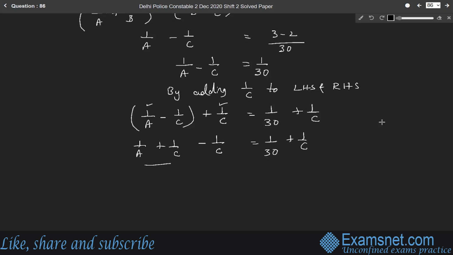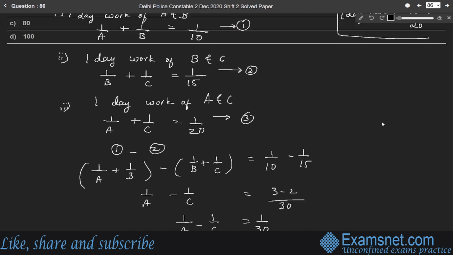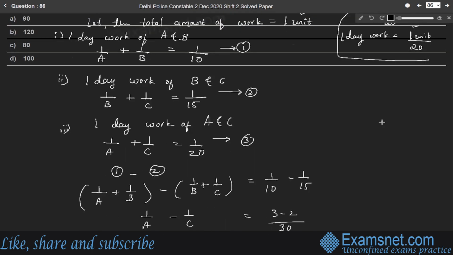What is 1 by A plus 1 by C? It is given, 1 day work of A and C. So 1 by A plus 1 by C is 1 by 20.